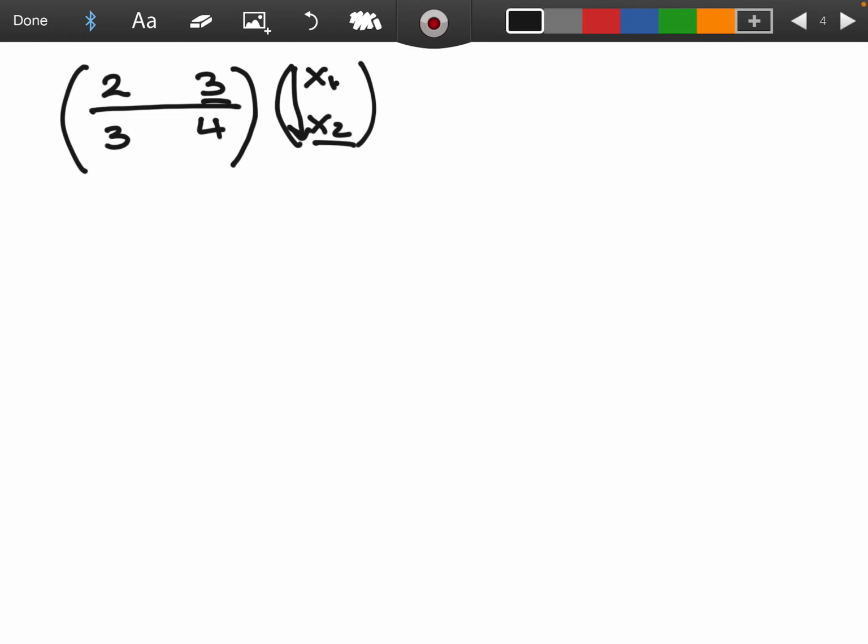Same thing here, when I multiply matrices, I multiply across and down, so I'm going to get 3x1 plus 4x2. So I can write this system of equations as an array of numbers, in matrix format. I can then let that equal 5 and -3. So you can write these systems of equations as a matrix.